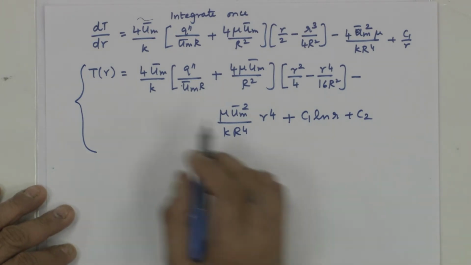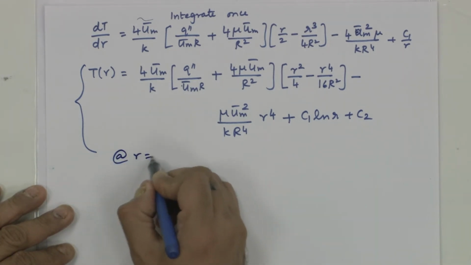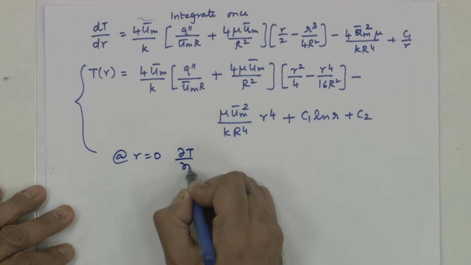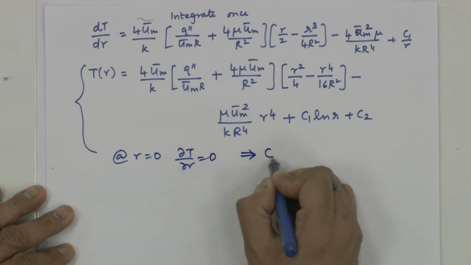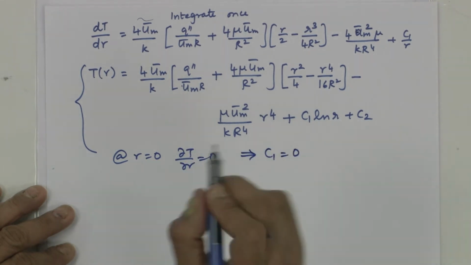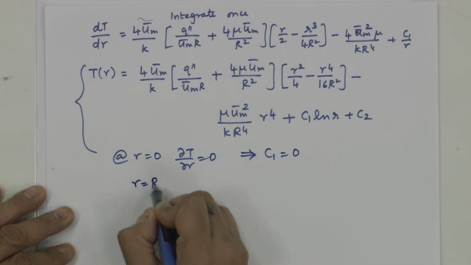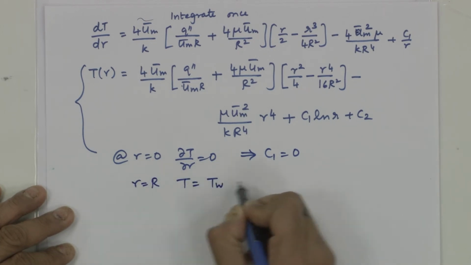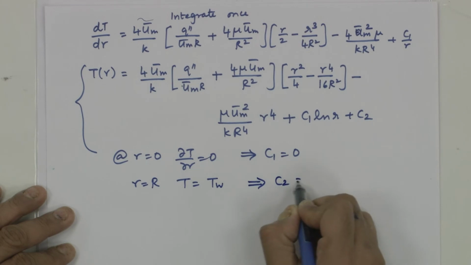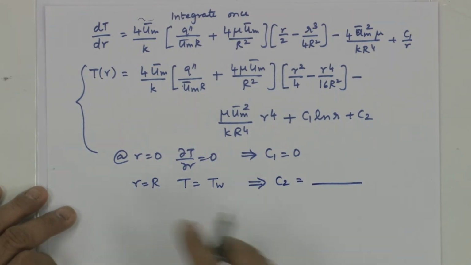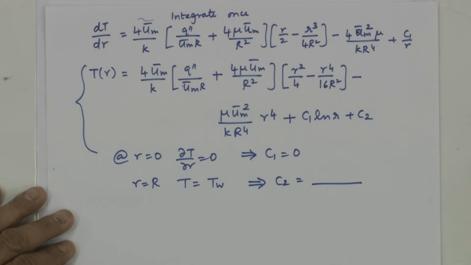Now, we have a boundary condition at r equal to 0, dT by dr equal to 0, which implies C1 equal to 0, just as before. Then at r equal to capital R, T equal to T wall, you get an expression for C2. Once you get that, this can be integrated now to get the bulk.